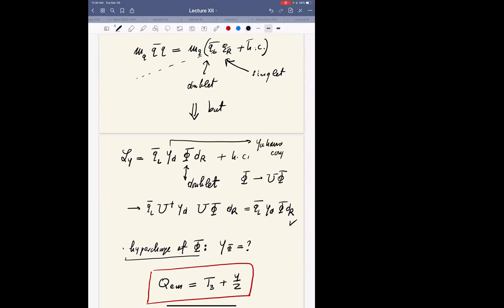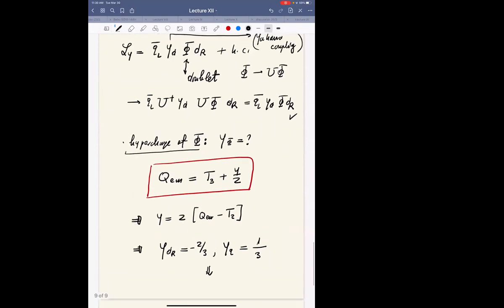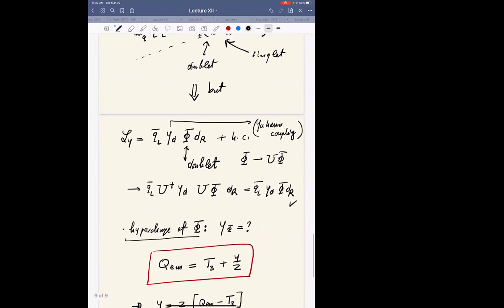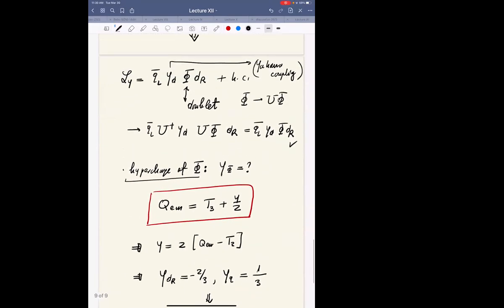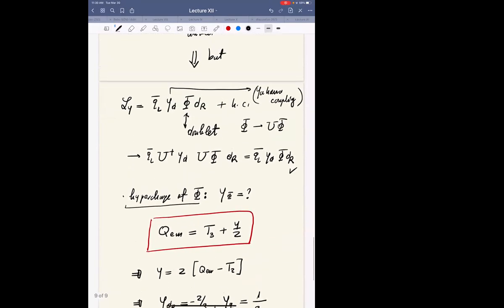You should be able to know from the context. Most people use this as a notation, so I want to stick to that. So tell me, what is the hypercharge of phi? How do I determine it? Who wants to help me? I'm stuck.